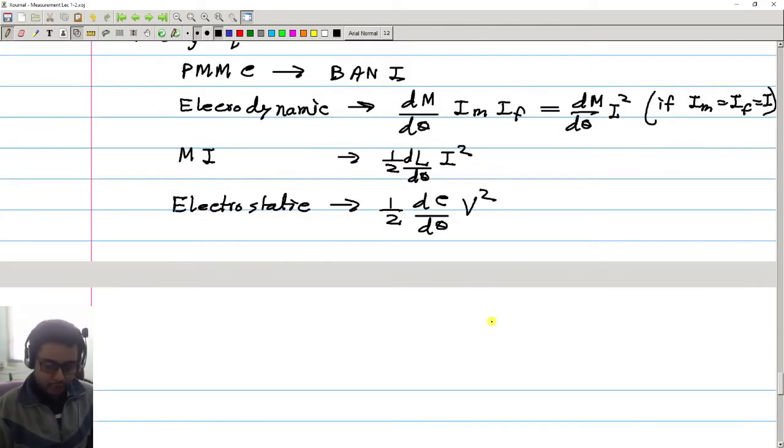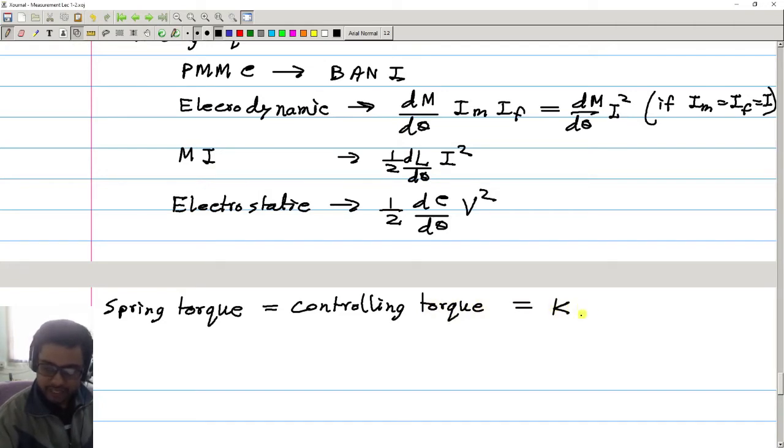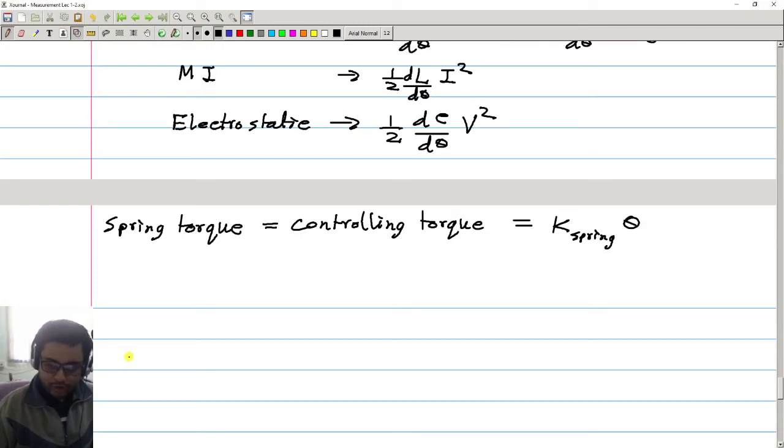And for all the instruments, the spring torque, that we call the controlling torque, is given by the spring constant multiplied with the angle of deflection. Now, to find the position of the pointer where the coil or the pointer will finally settle down, what do we do?